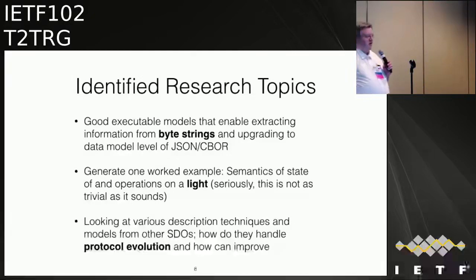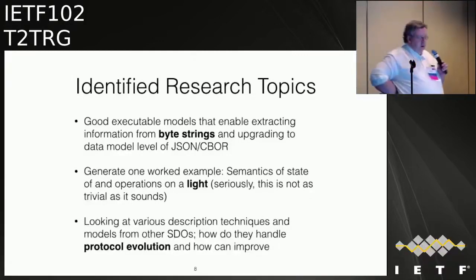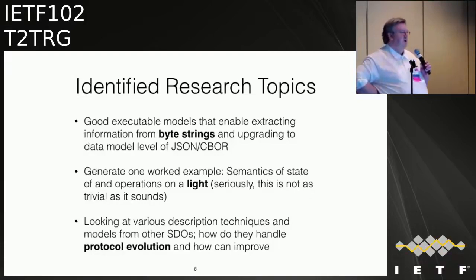So right now, their description technique does not enable describing that evolution, and that's not a problem that is unique to IPSO, to the IPSO models. We need to understand protocol evolution, and we need to enable it as much as possible, because the world around us does change.